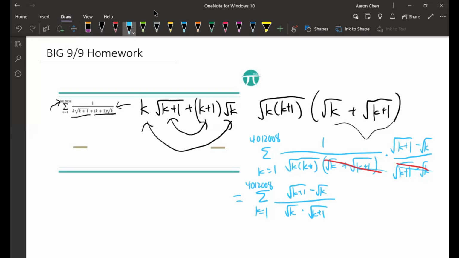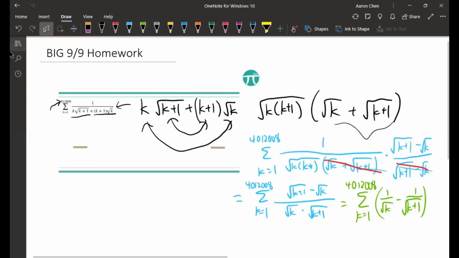I broke it up like this just so you can further see how the telescoping is going to play out. And at this point, I think it's clear how the telescoping is going to work. So it's just the sum from k equals 1 to 4,012,008 of the reciprocal of the square root of k minus the reciprocal of the square root of k plus 1.